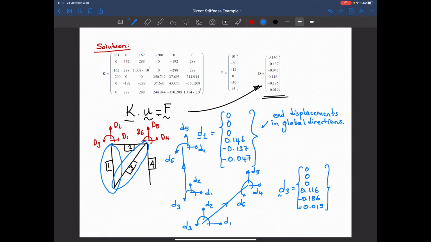Okay, so we determine the member end forces. Let me do a correction according to our labeling. This should be the fourth member. Sorry for that, that's 3. And this displacement will be equal to D4.